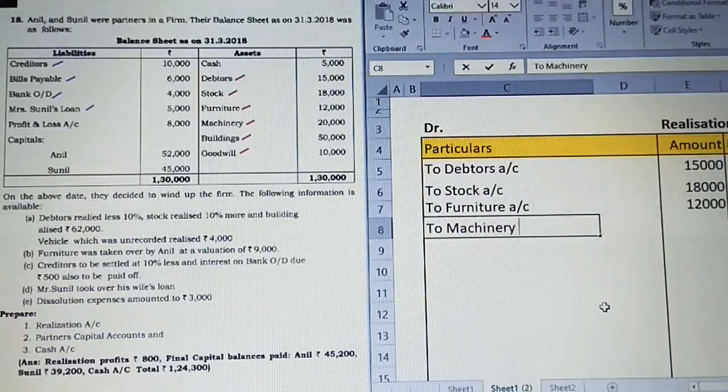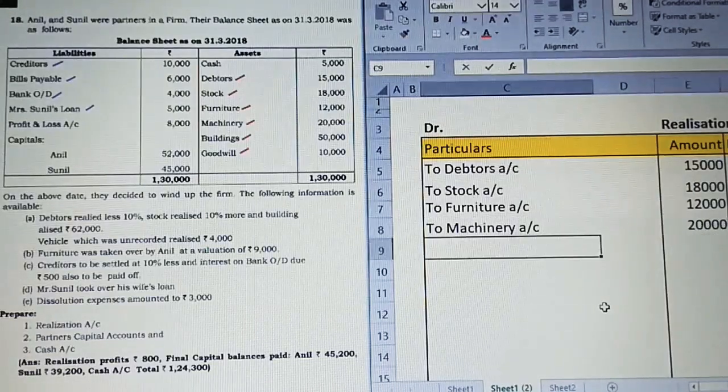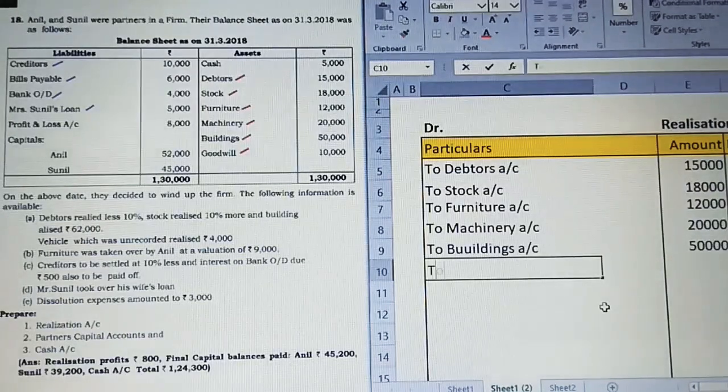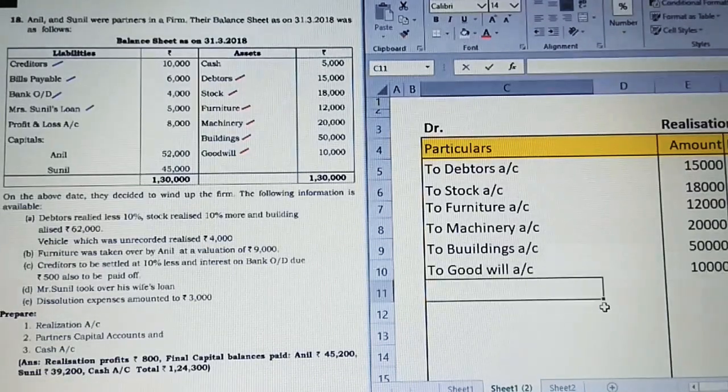To machinery account, 20,000. To buildings account, 50,000. To goodwill account, 10,000. So we have taken all the assets from the credit side. It is posted on the debit side in the book value.